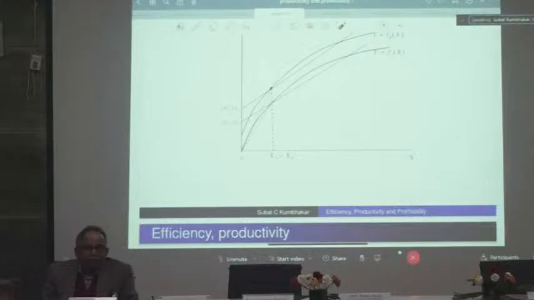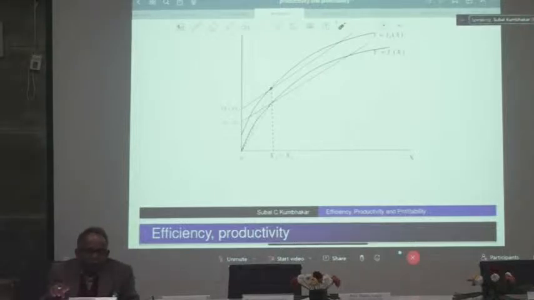Okay. So again, coming back to the point I was talking about, you can do some small tweak in the technology of production, and that is going to be indicated by a shift. Shift meaning your productivity is going to be higher, and if your productivity is higher, you can also relate it to profit, because then your profit is also going to be higher.